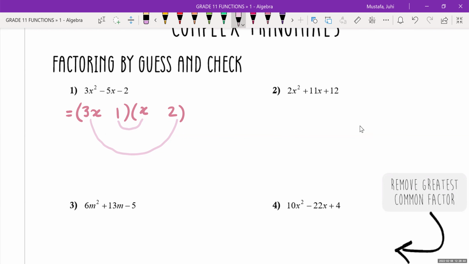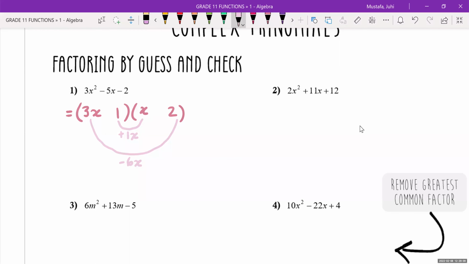I'm going to multiply these numbers. So this is going to give me a 1x, and this is going to give me a 6x. And then I ask myself, can I add or subtract a 1x and a 6x to get the middle term of negative 5x? Can I do that? Yeah, I can make this a negative 6x, and I can make this a positive 1x.